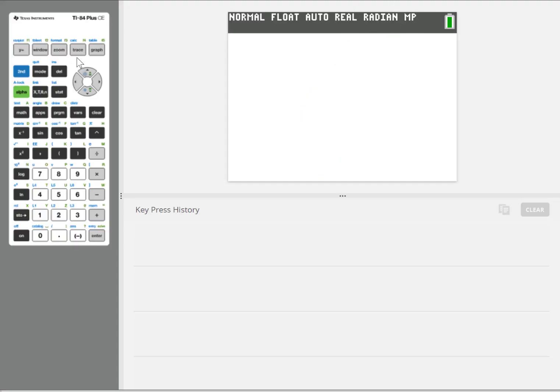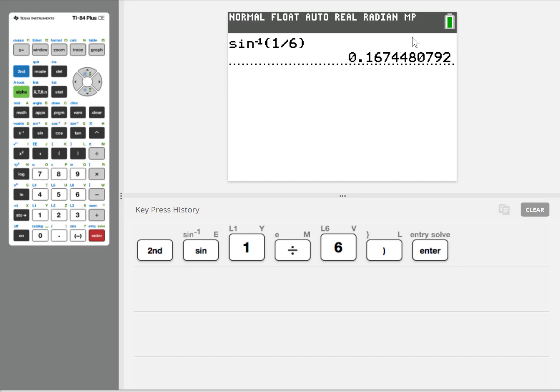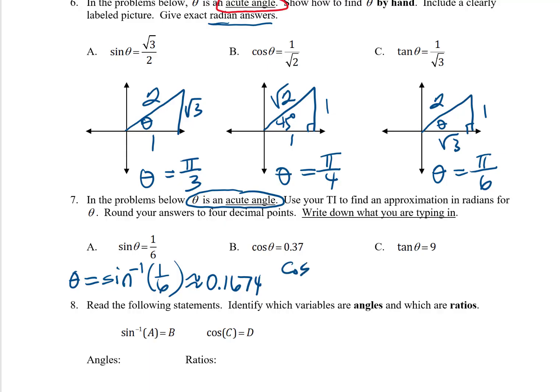I am in radian mode, and all I have to type in then is sine inverse of 1/6. Here is the acute angle in radians that generates that ratio. To 4 decimal places, it's about 0.1674. For letter B, we'll be typing in cosine inverse of 0.37.